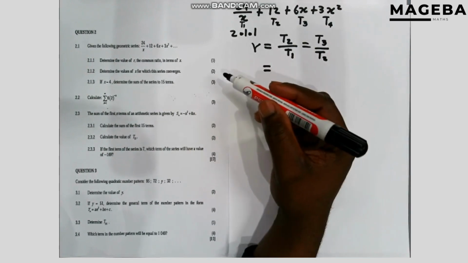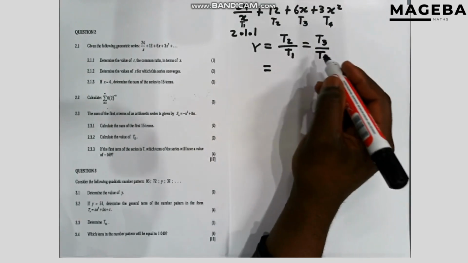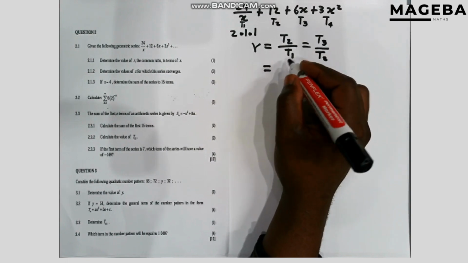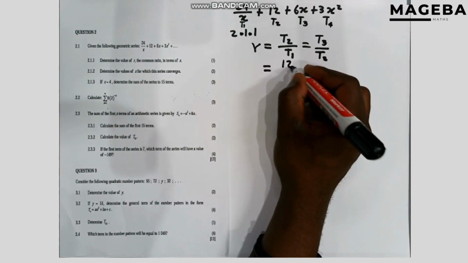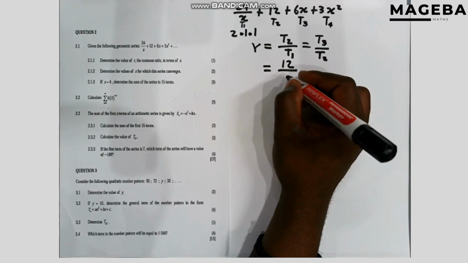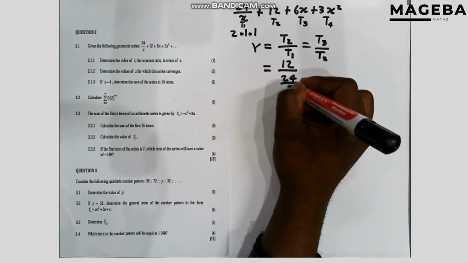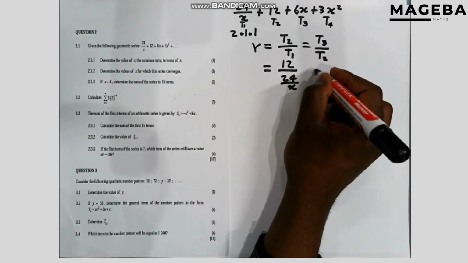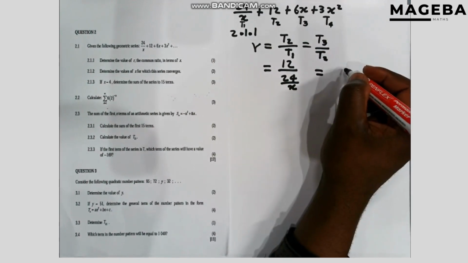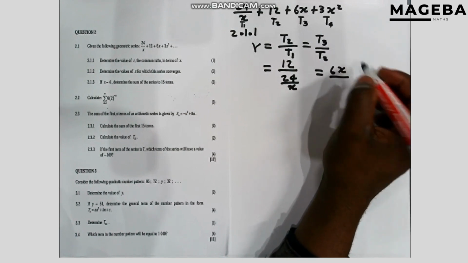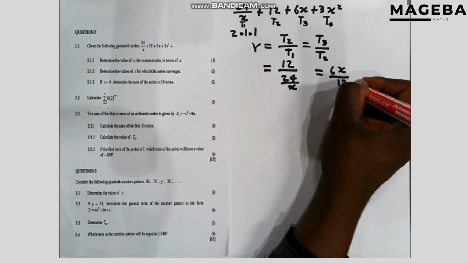But they told us it is geometric, so we know the ratio has to be the same between the two. Then what is our term 2? It's 12. Term 1 is 24 over x, then equals 2. Term 3 is 6x. Term 2 is 12.